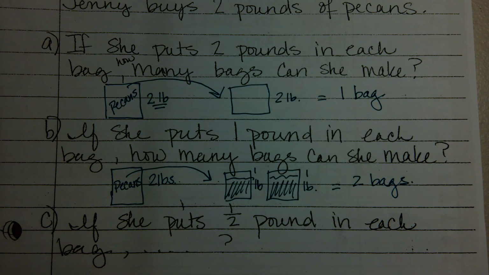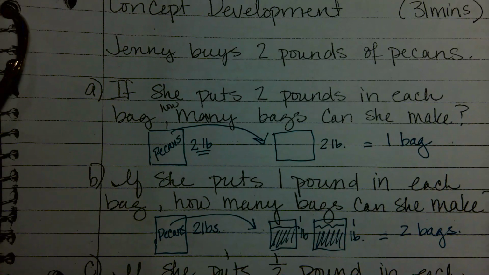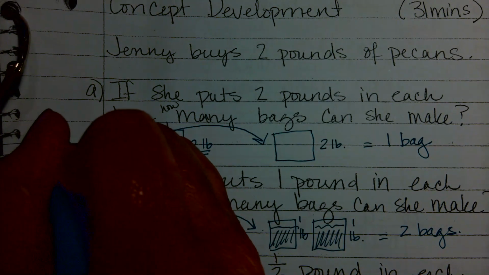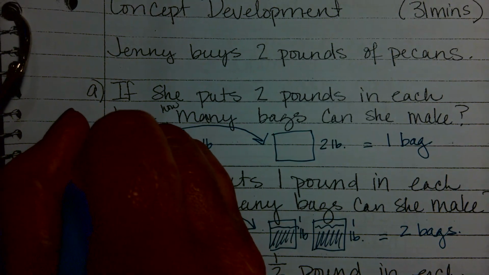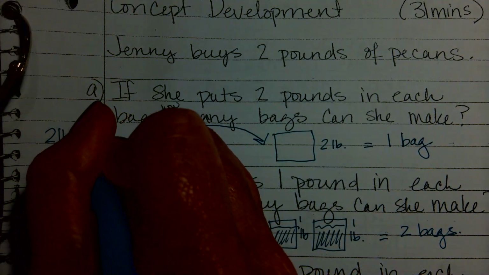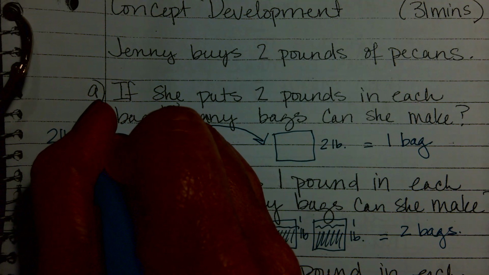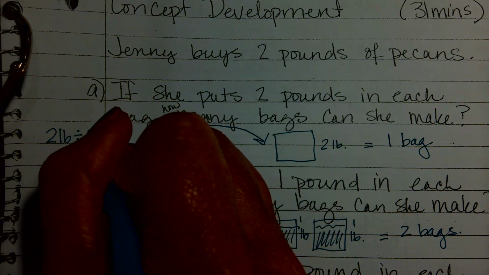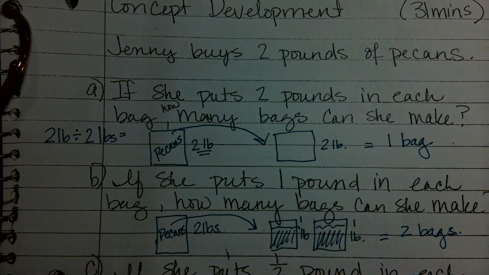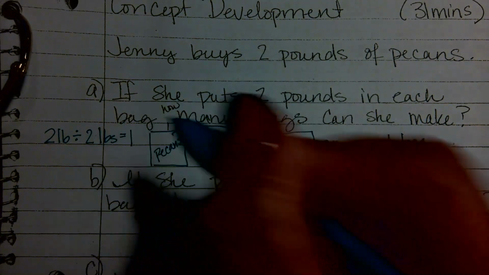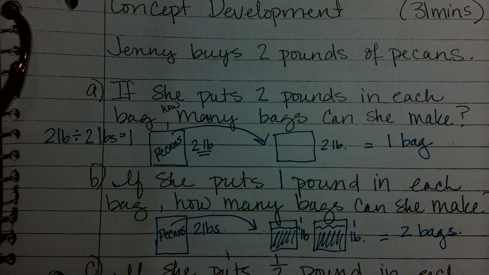Correct. Now, if she put a 1/2 pound in each bag, let me back up really quick. And let's say this is 2 pounds divided by 2 pounds. We're going to divide, it equals 1 pound. 2 divided by 2 is 1, right?